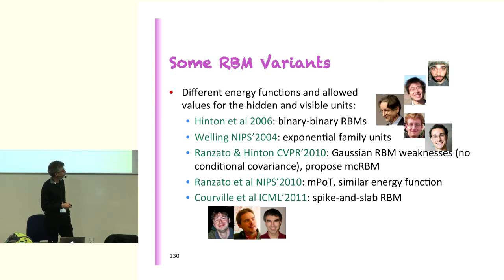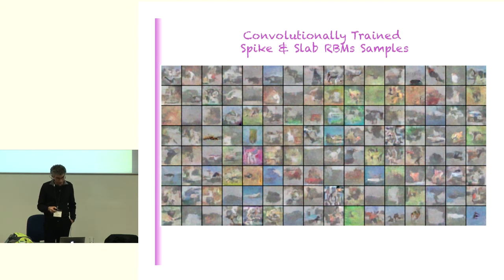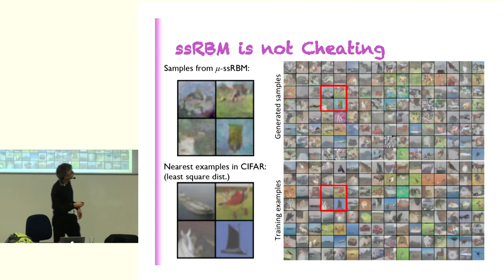The one that we found to work best is the so-called spike and slab RBM. And I'm going to show you some samples from it when it was trained with CIFAR images, which are 32 by 32 little images of objects, just like you find from Google image search. So the training data are like this.